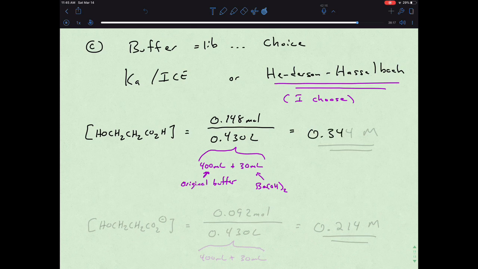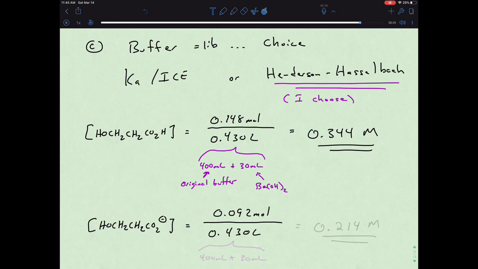So we get 0.344 molar in terms of our glycolic acid. And if we do the same thing now for our glycolate, we had, as a result of the neutralization reaction, 0.092 moles of the glycolate in the same volume.